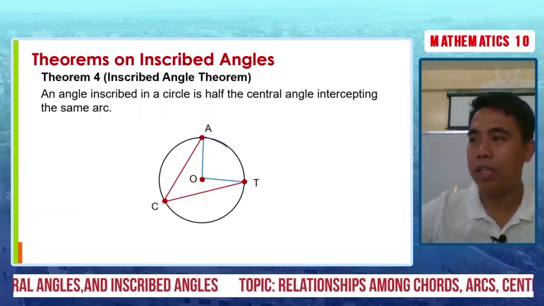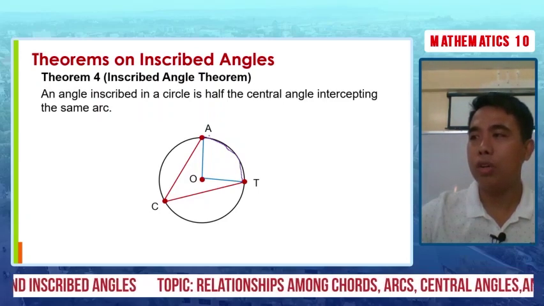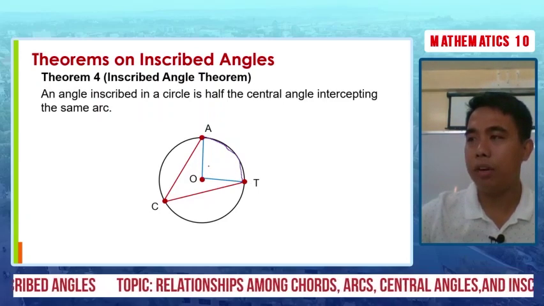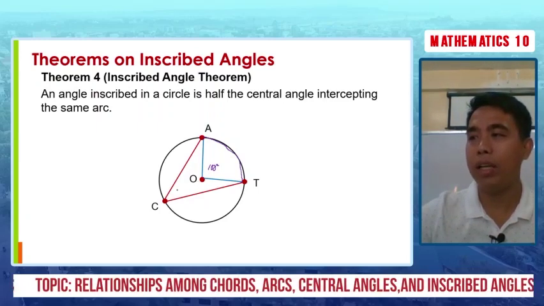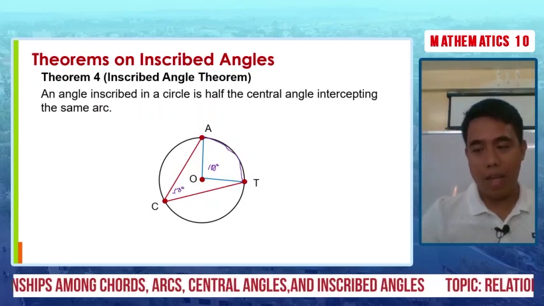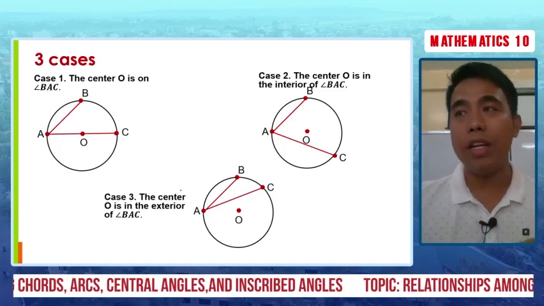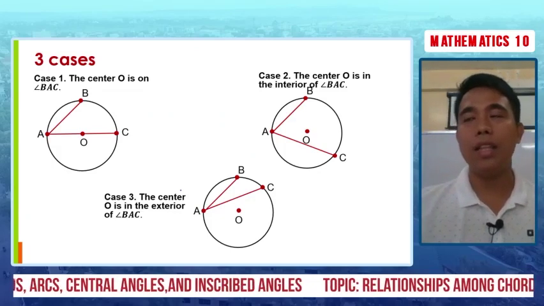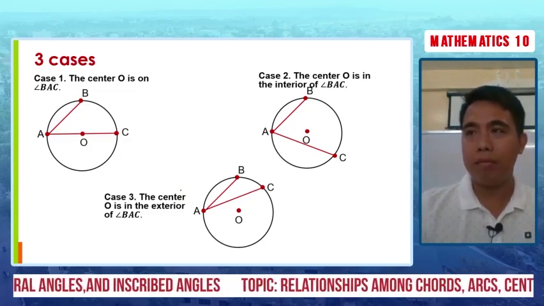So, eto yun. In-intercept yung arc 80. Then, yung measure nito, yung AOT, for example, if that is 100 degrees, then ang half ng 100 ay 50, yun yung measure ni inscribed angle. Sige. We will be considering 3 cases. So, case 1, the center O is on angle BAC.